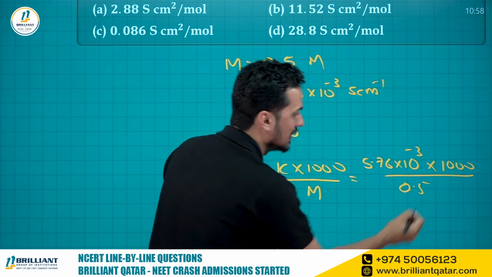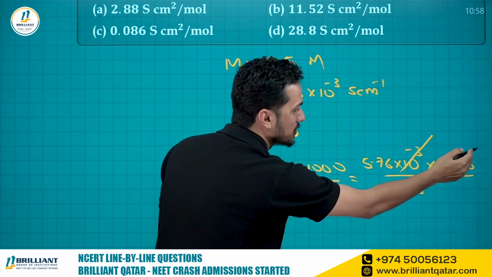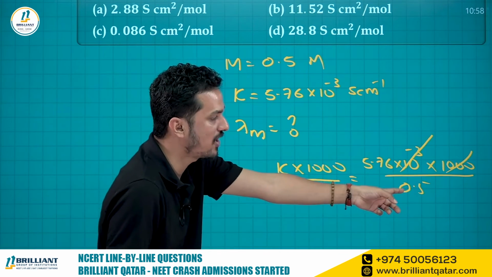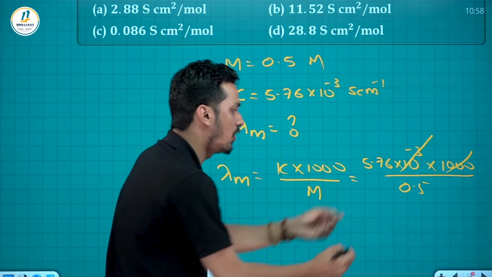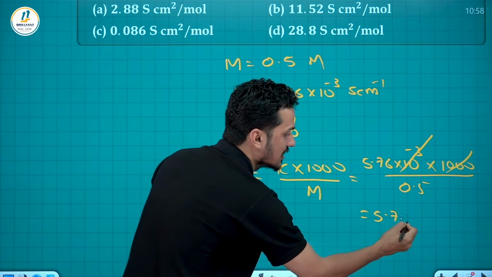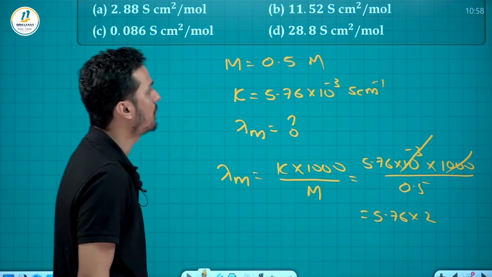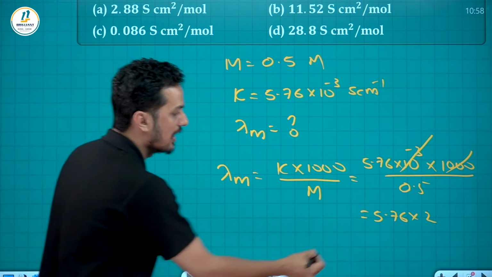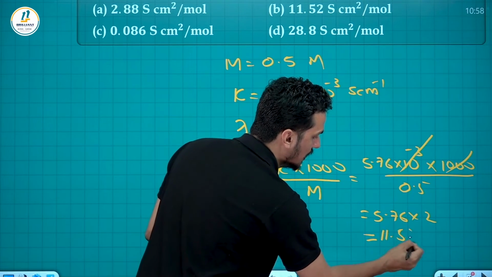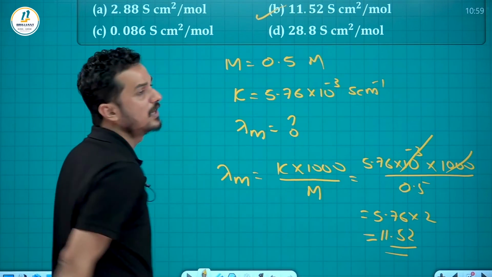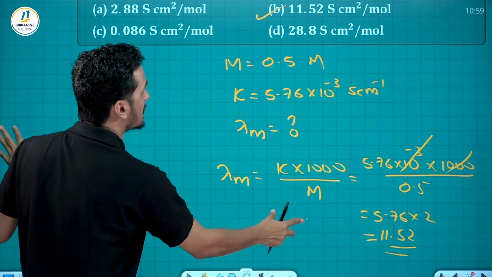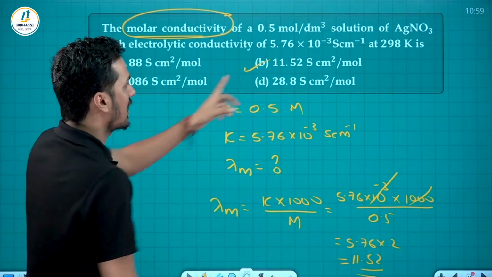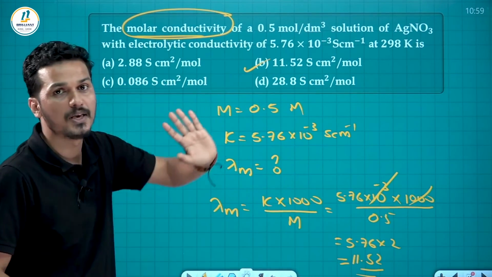The 10 raised to minus 3 and 1000 get cancelled. 0.5 means 1 by 2, so that 2 goes to the top. So 5.76 into 2 means 11.52. Option B is the correct answer.